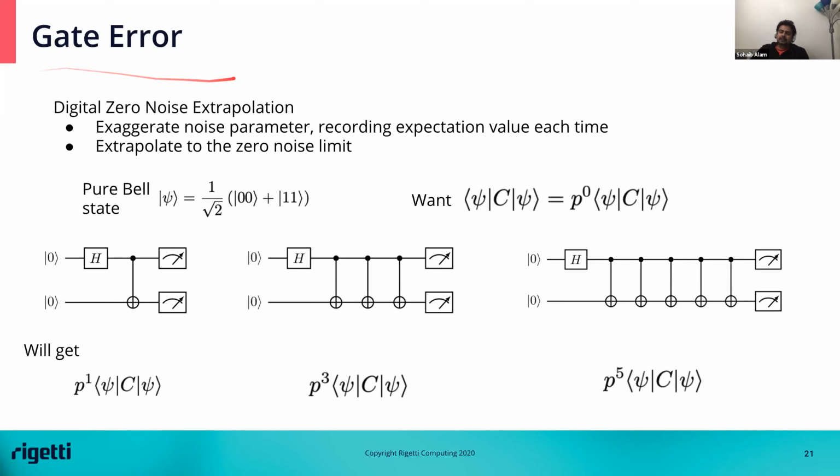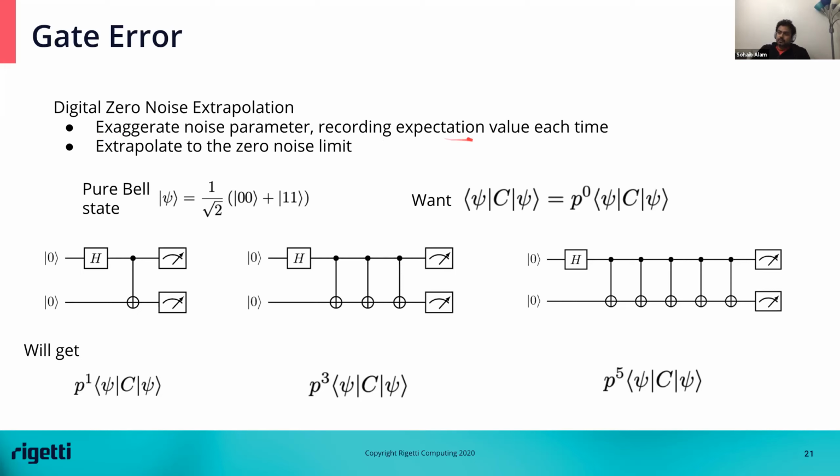This is a very simple-minded thing we're doing. People have now worked out ways in which you could relax the assumptions, but our assumption is going to be that we have some depolarizing noise channel, such as the one that I just presented on the previous slides, and the idea is very simple. We'll basically exaggerate the noise in the system artificially, right? So we'll exaggerate the noise, and then we'll record what the expectation value looks like at that value of the noise parameter.